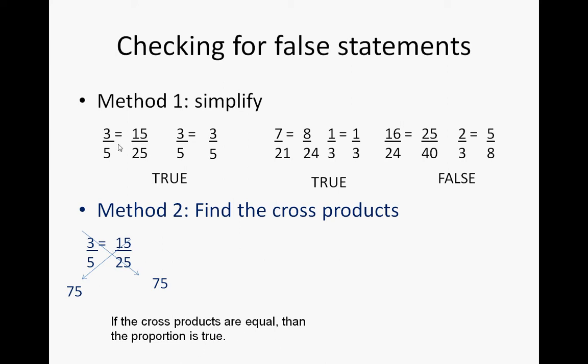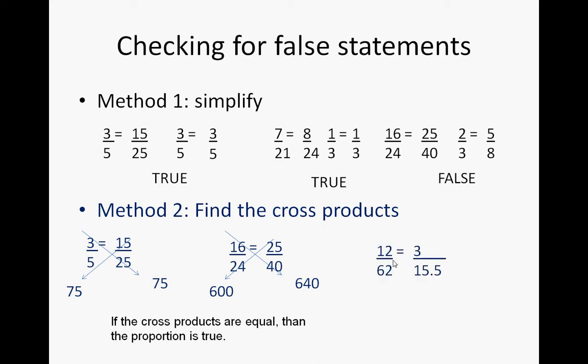So this one is the same as this one, and we already know that's true. Here's another example. Find the cross products, 600 and 640. Oh man, that one's false. But we already knew that because that's up here also. If we find the cross products, 640 is not equal to 600, therefore it is false.